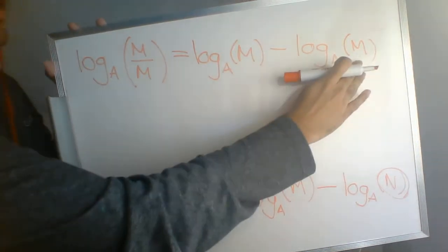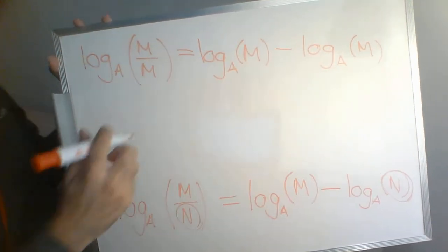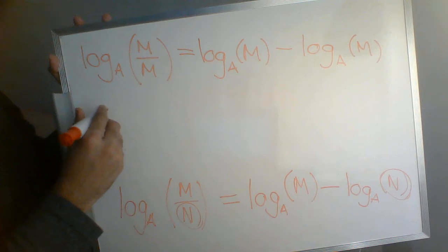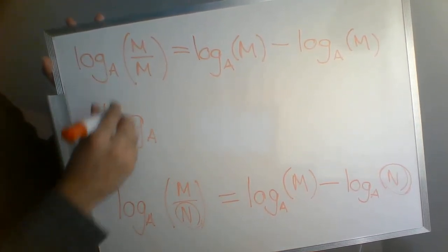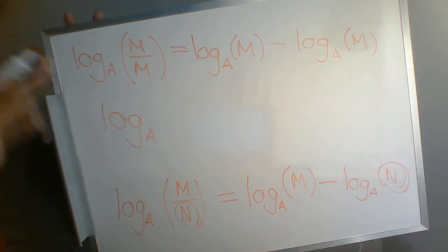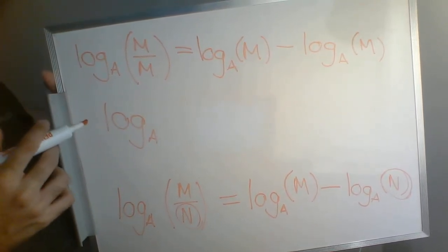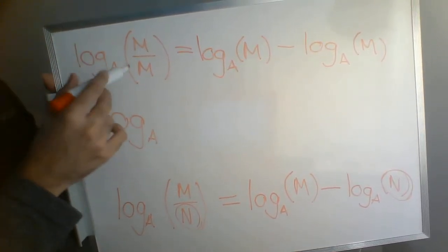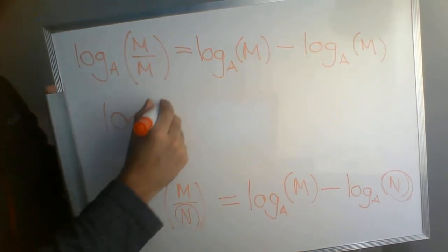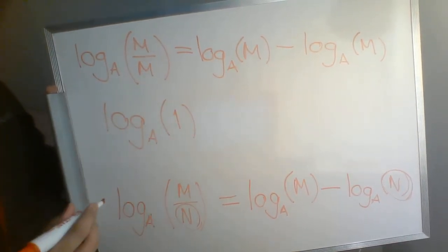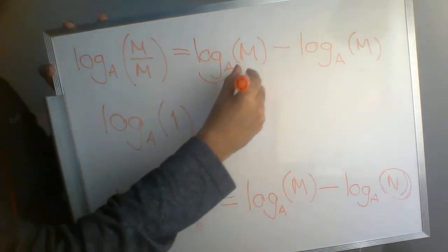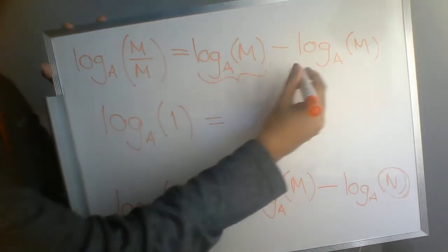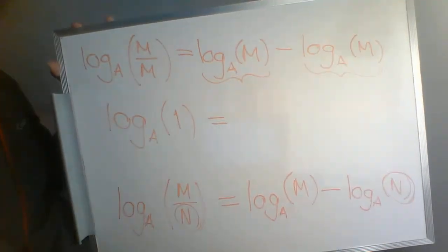So right now that's not particularly meaningful, but if we simplify this one step down, for this left-hand side, it's going to be log base a of m divided by m. It doesn't matter what m is as long as it's not 0, any number divided by itself is going to give us 1. Agreed? And if we look at the right side, we've got this giant thing, log base a of m minus log base a of m.